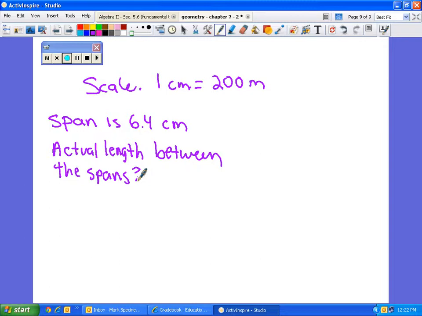And I even write it down so that I don't forget. In this case, little is going to be the drawing, and big is going to be the actual bridge. So, what do we know? Somebody else. What do we know? Larry, what do we know?